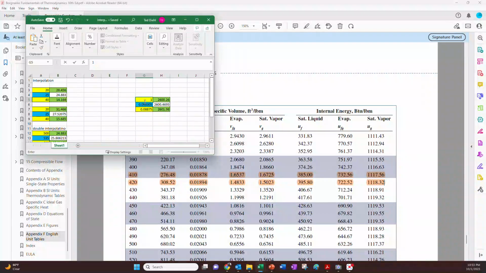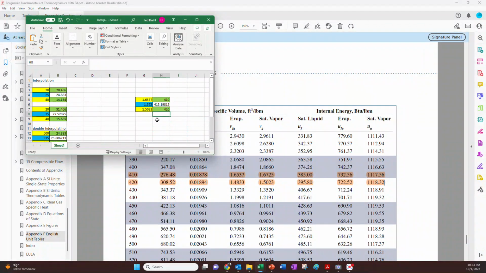So 1.6537. And now here needs to be the thing I just calculated, 1.575. And now here's down to this one right here, 1.5023. And now here's the temperature, 410, and here's 420.